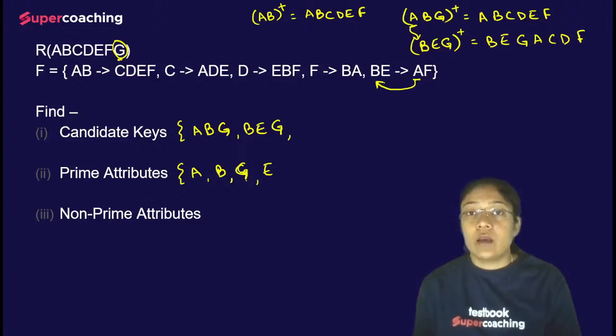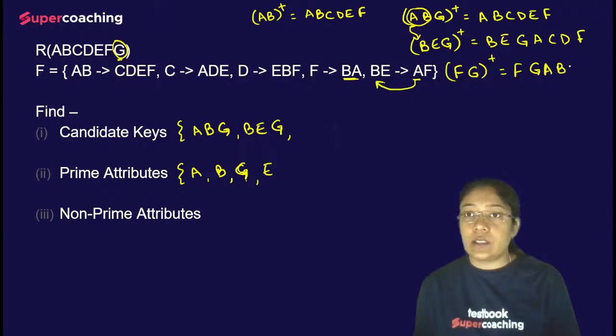Next, now AB is present on the right hand side of F. So I'll be replacing this AB with F. We are getting one option, that is FG closure. F is determining AB, AB is determining C, D, E. So all the attributes are determined. G will come anyway.